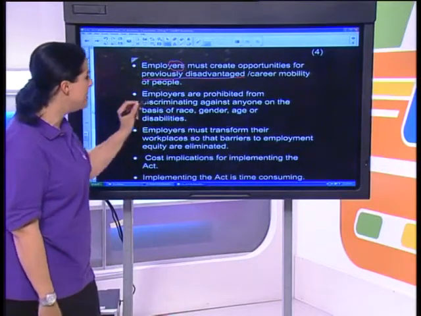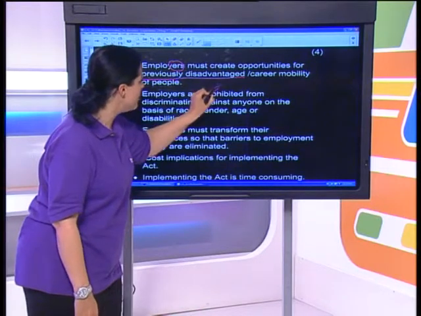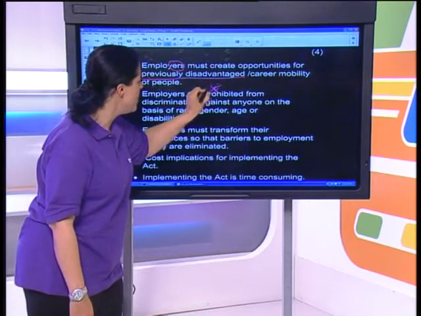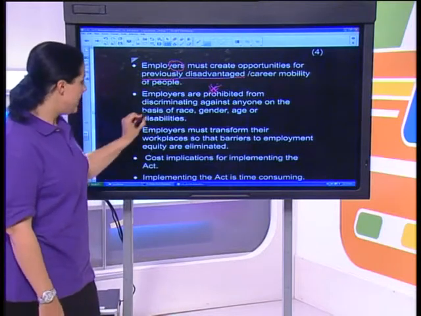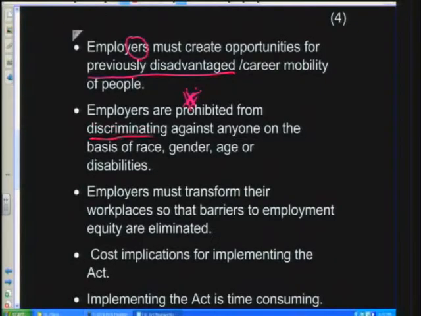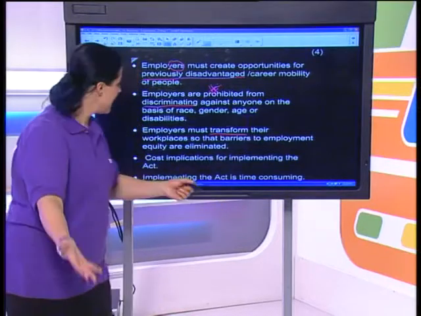Employers are prohibited. You're not allowed to. Prohibited means no, no, no, no, no. From discriminating against anyone on the basis of race, gender, age, or disabilities. Employers must transform their workplace. Transform means to change. Transformation, improving, getting better.